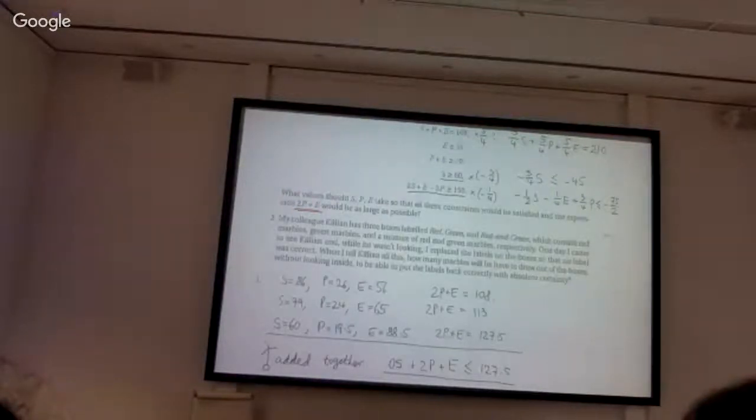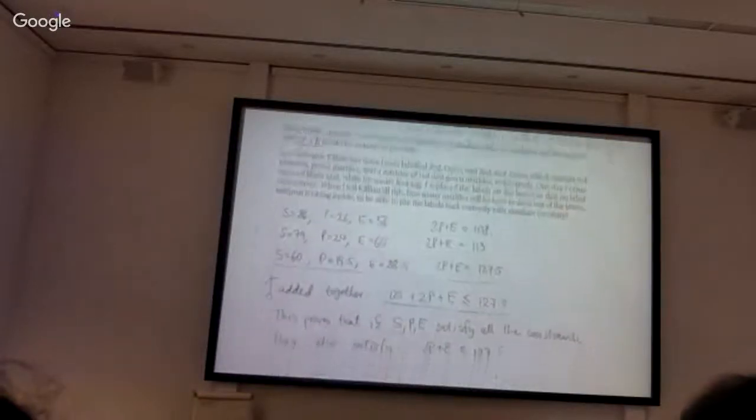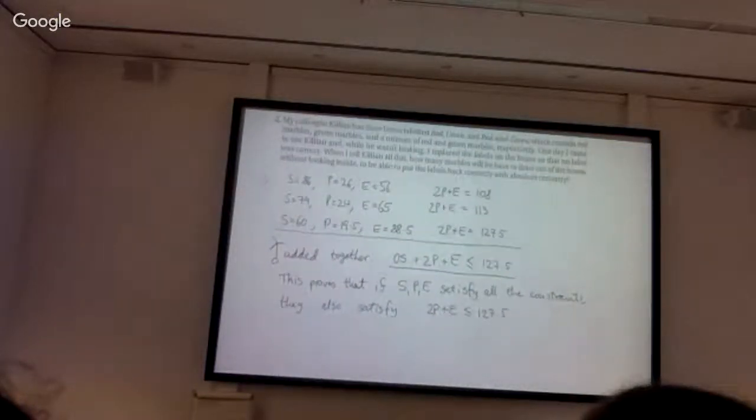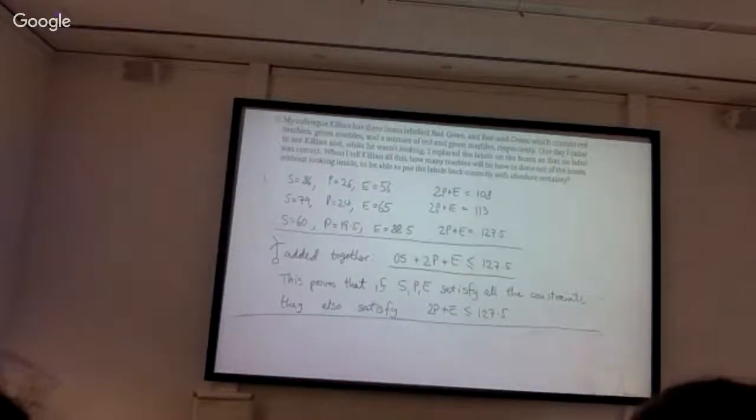And the answer is yes, you can always do it. But that's advanced. That's second-year material to prove that it always works. Okay, good. Shall we move on to question 2? Okay.